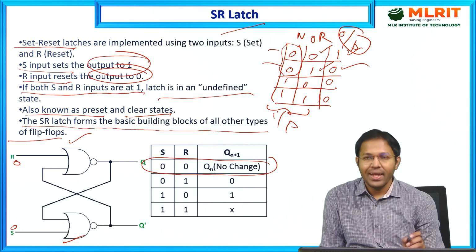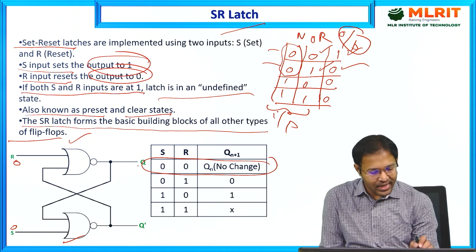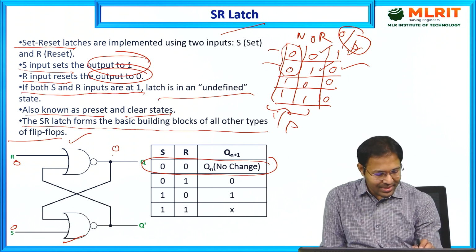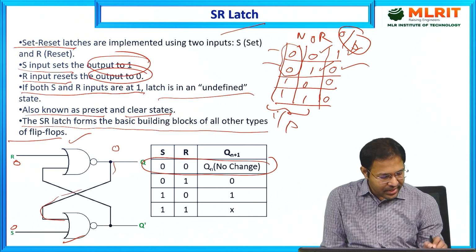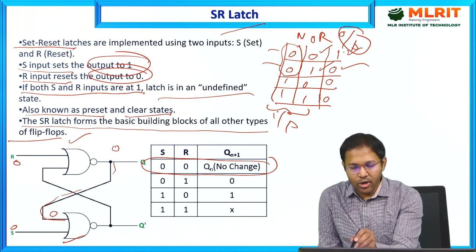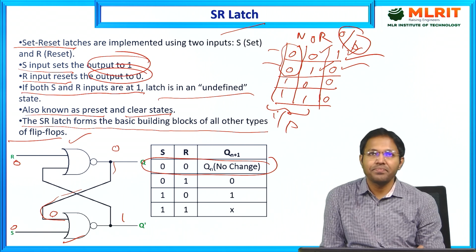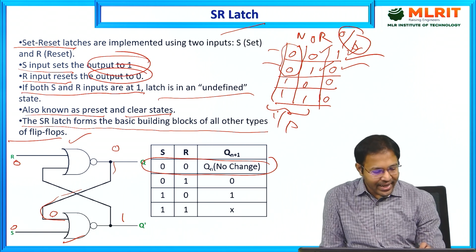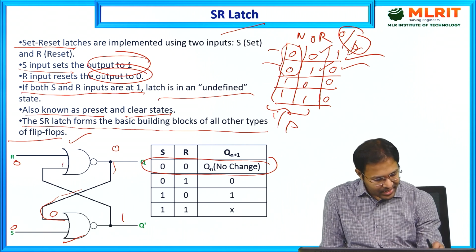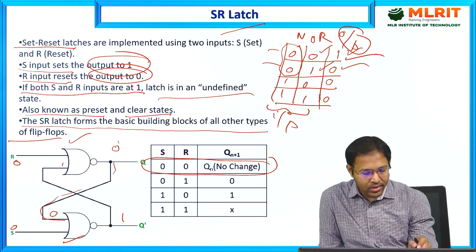So, let us assume that the previous state here is 0. Now, the same 0 is connected here. So, we get 0, 0, and the output is 1. So, we are going to get a 1 here. And then, this one is connected here, and 0, 1, the output remains 0.